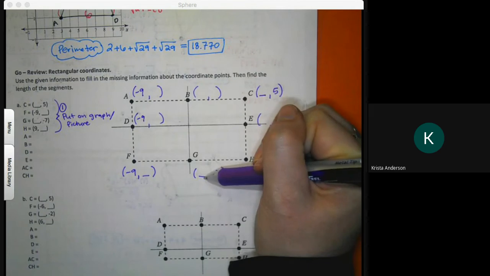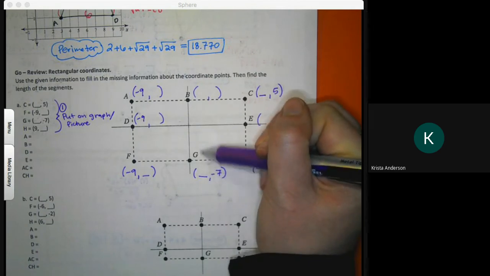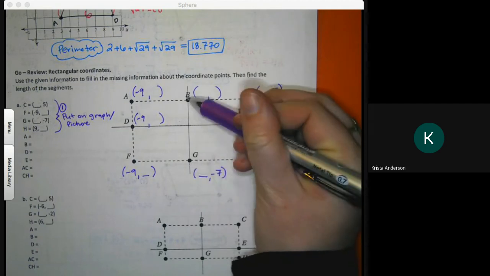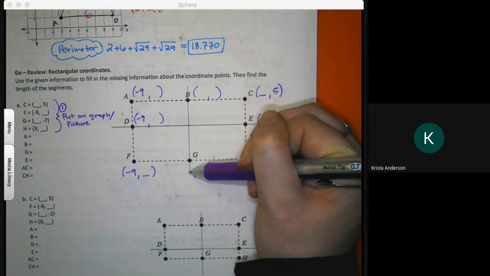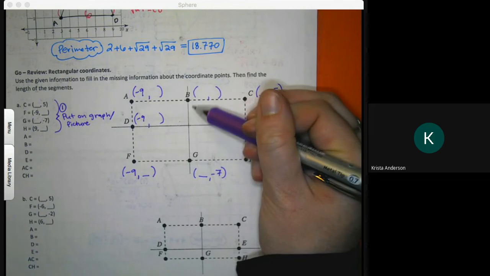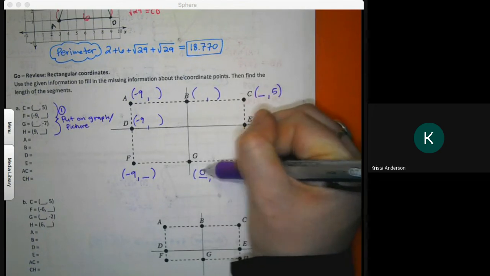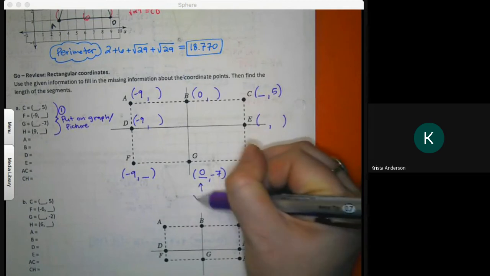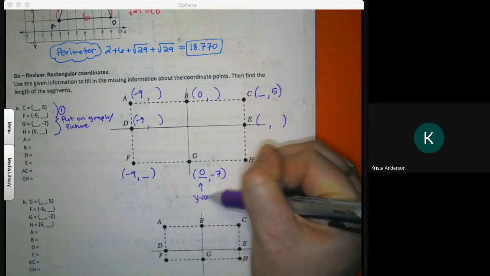Do you know what this number should be when it's right on this axis, the y-axis? 0, because it's on the y-axis.